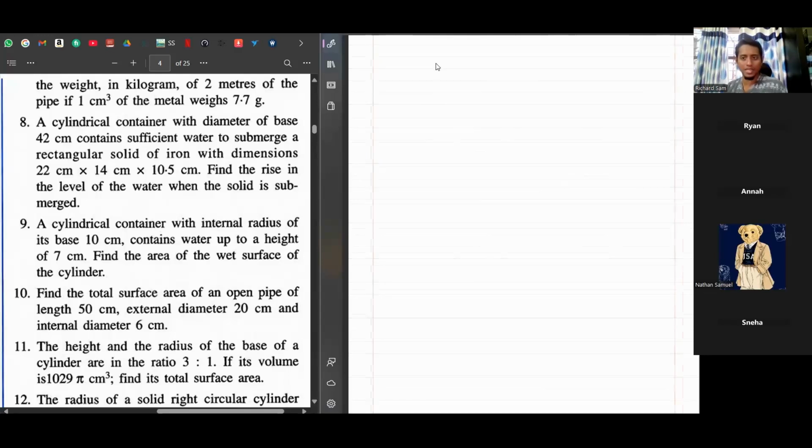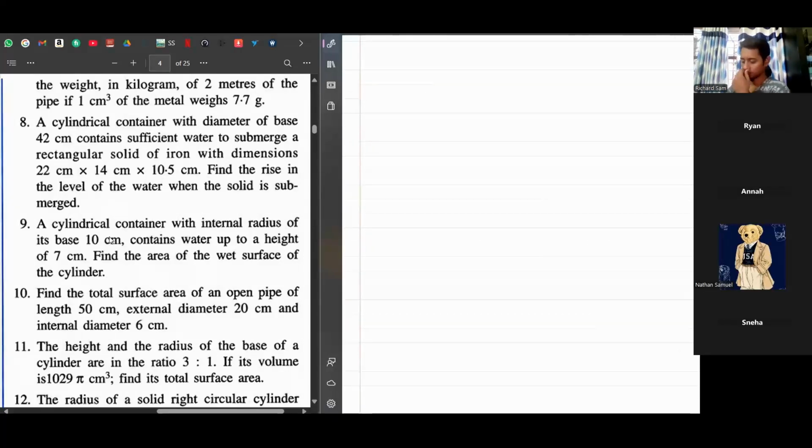Okay, question number 9. A cylindrical container with internal radius of its base as 10 centimeter contains water up to a height of 7 centimeter. Find the area of the wet surface of the cylinder. Do you understand the question? So there's a cylinder here. Its internal radius of its base is 10 centimeter.